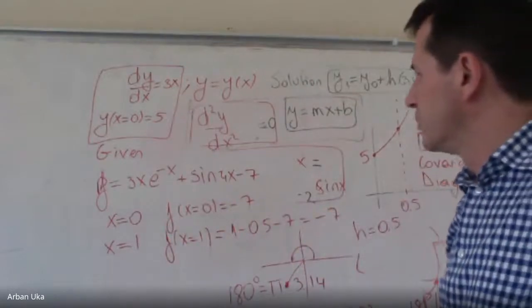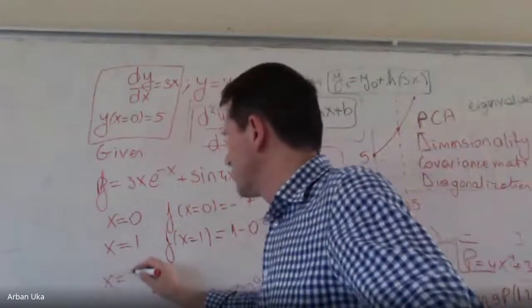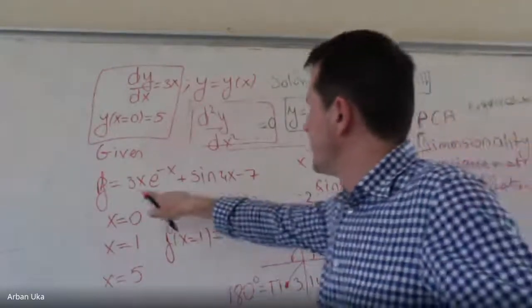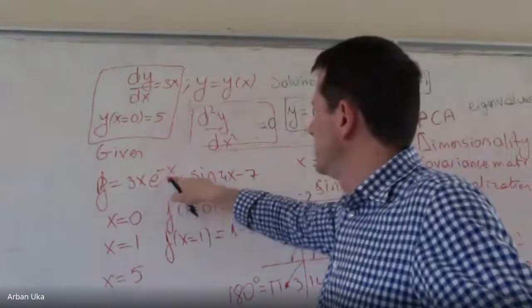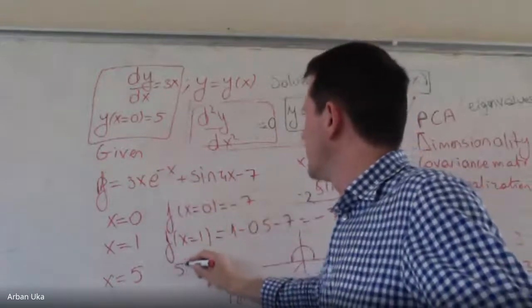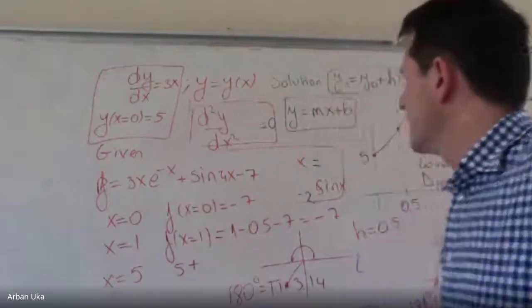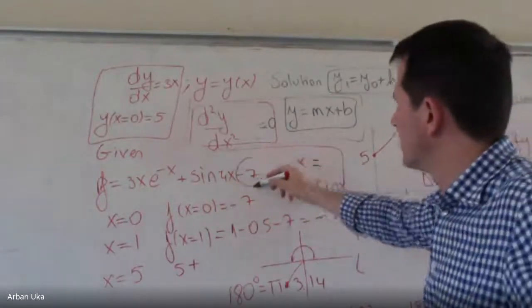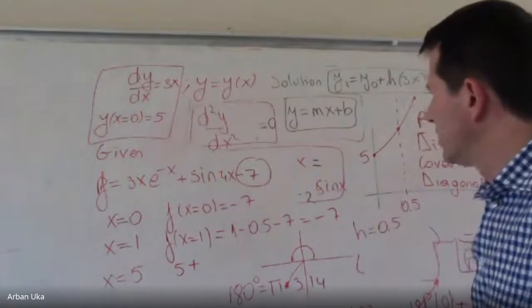Then let's do x equal to 4, or rather x equal to 5. You put x equal to 5, this is 3 times 5 is 15, divided by 3, this is 5, plus sine 5. What is sine 5? This minus 7 ruins a lot of things, but I think we're good.